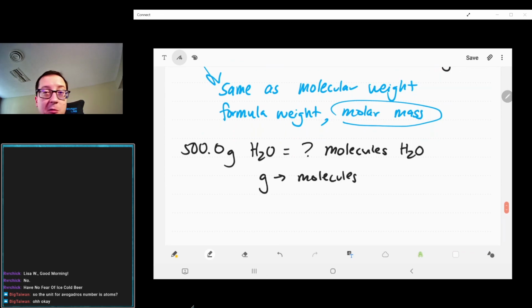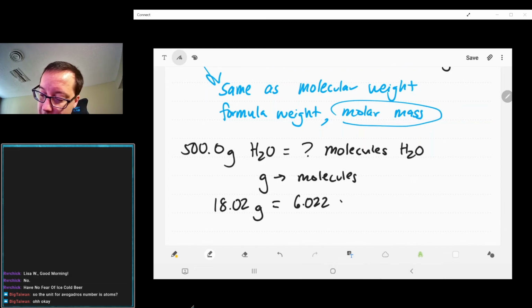Just like we went from grams to atoms or atoms to grams, we could do the same thing by using Avogadro's number. We just calculated that 18.02 grams of water was the same as 1 mole of water.